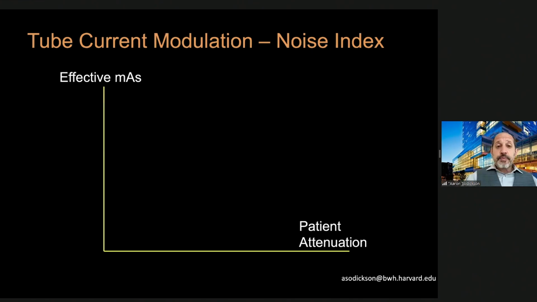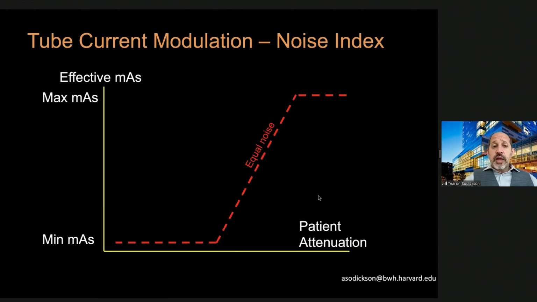Now, the other approach, which is more commonly used in the GE and the Canon machines, is to basically try to maintain equivalent noise, equal noise, throughout the different thicknesses of the patient until we hit a maximum or a minimum mAs that we can either set as a parameter in our protocols, or that we hit the maximum mAs that the X-ray tube is able to produce.